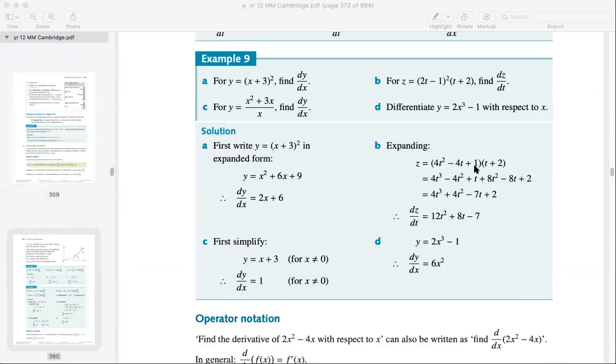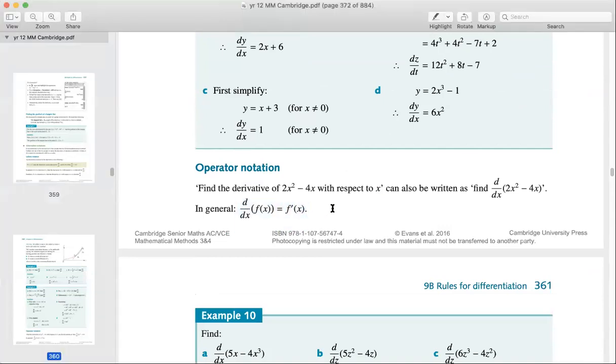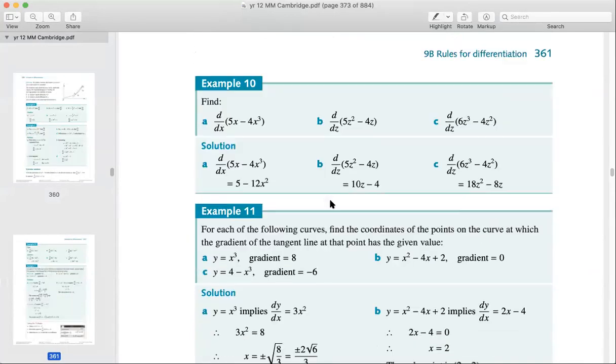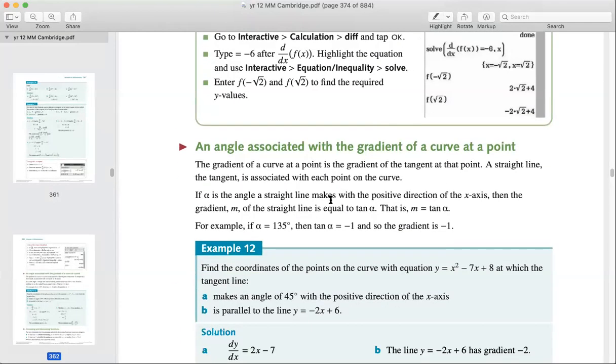And operator notation, the key things they emphasize over here. Okay. So again, look at this one, this says angle associated with the gradient of the curve at the point. As I mentioned, the linked angle with our gradient is tangent theta, right? So my dy over dx is equal to tangent theta, which is right over here, and equal to tangent alpha.